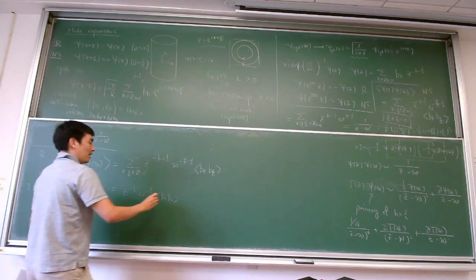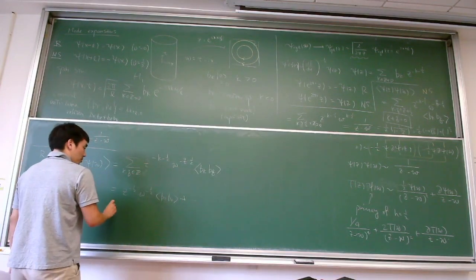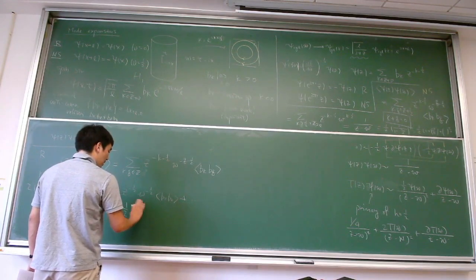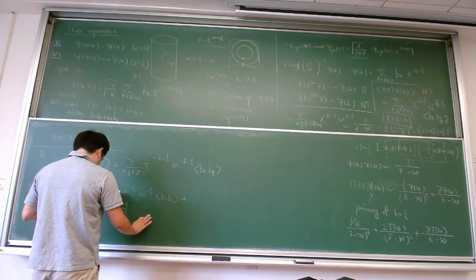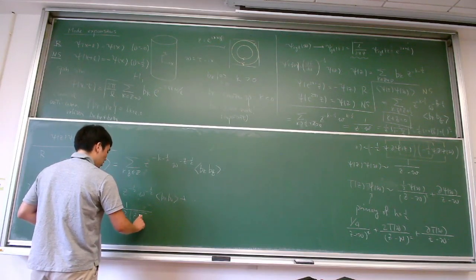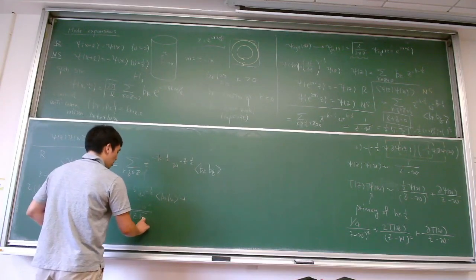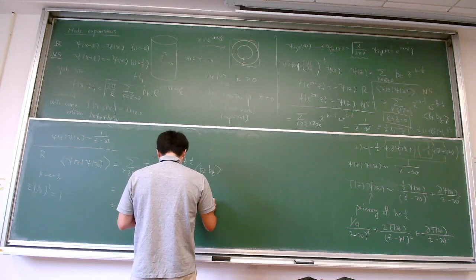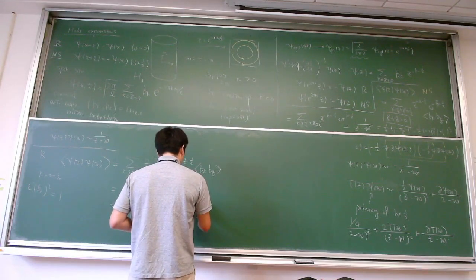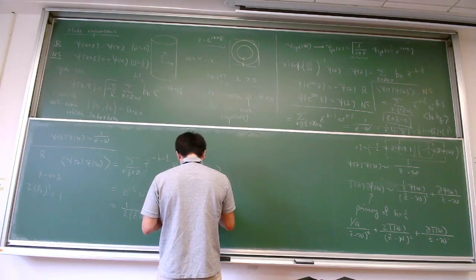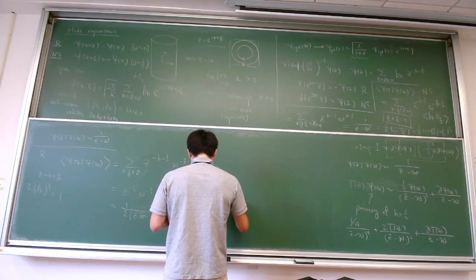So therefore, this will give you 1/2 z to the minus 1/2 and plus the sum over k equal to 1 to infinity of z to the minus k minus 1/2, w to the k minus 1/2.